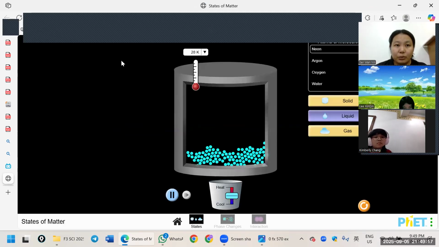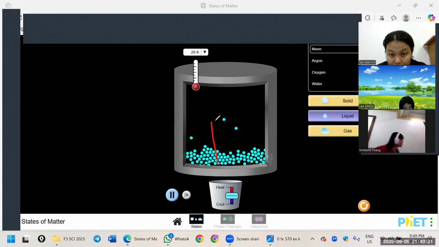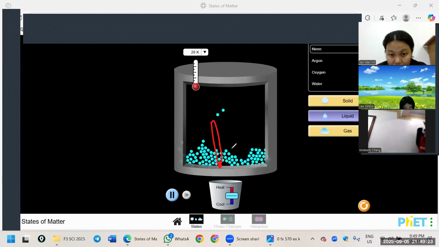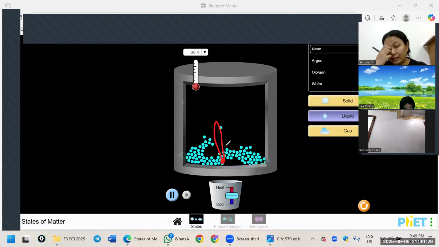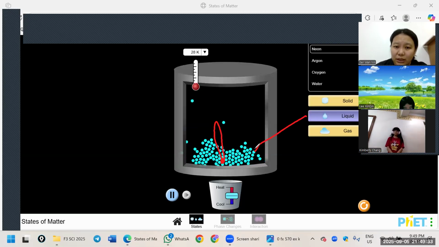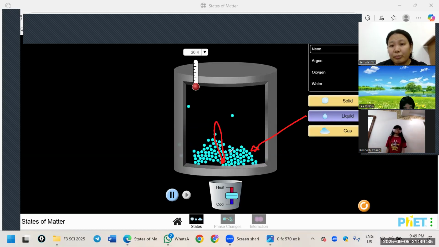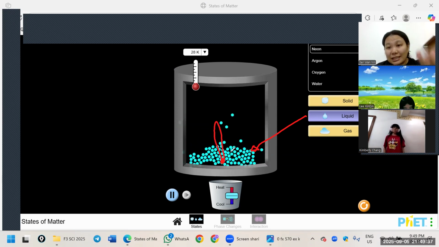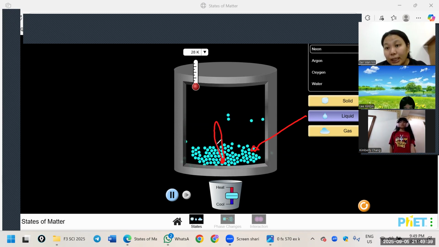Let's say I draw a thermometer here. Can you see, even though the thermometer is put into this liquid, it is still outside of the blue liquid?